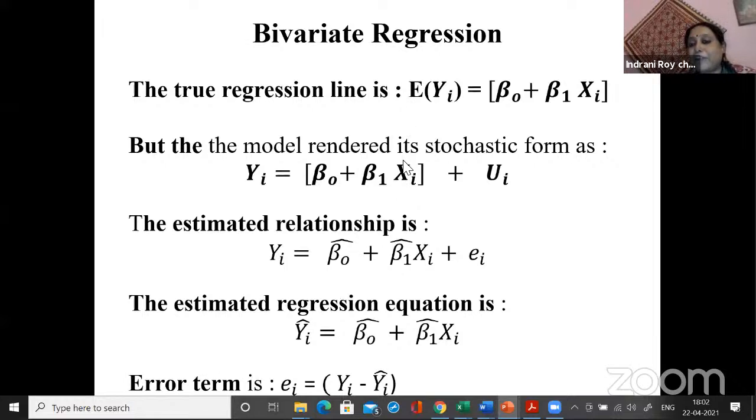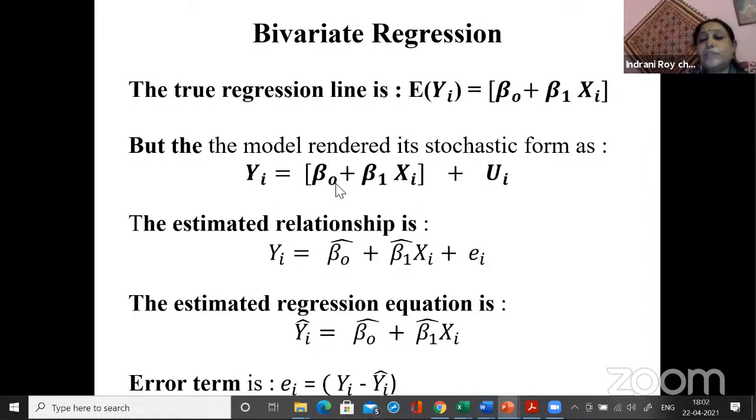So how are they different from the population? This ui is the error term, which is not observable in the population, so you cannot see that ui. What you can do is just conceive that there is some distortion, which can be replicated in the sample by saying that this is ei. ei is the disturbance term in the sample, because ui, which is in the population, is not observable.